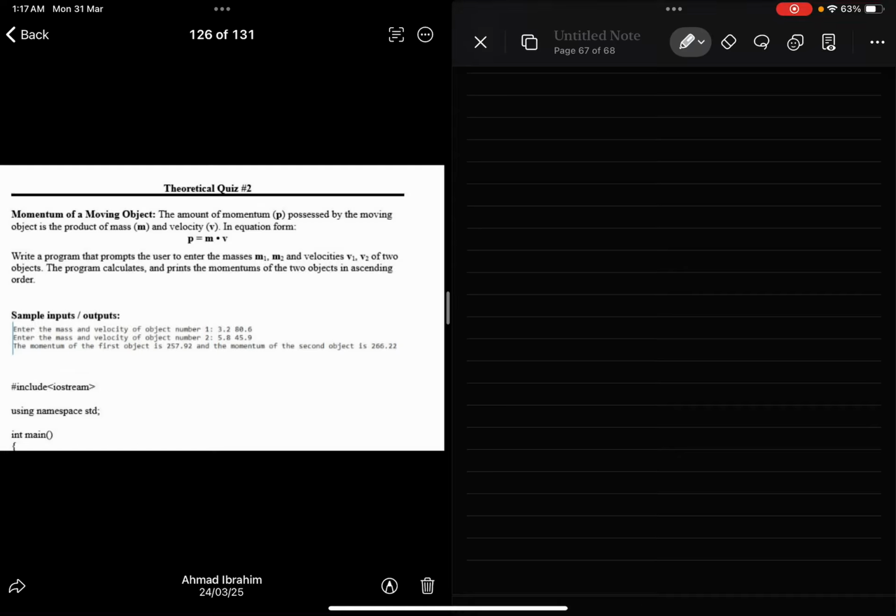Write a program that prompts the user to enter masses m1 and m2 and velocities v1, v2 of two objects. The program calculates and prints the momentum of the two objects in ascending order.